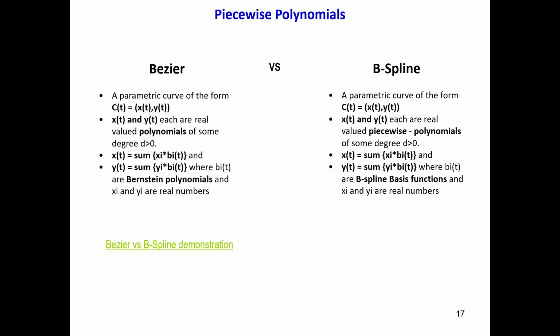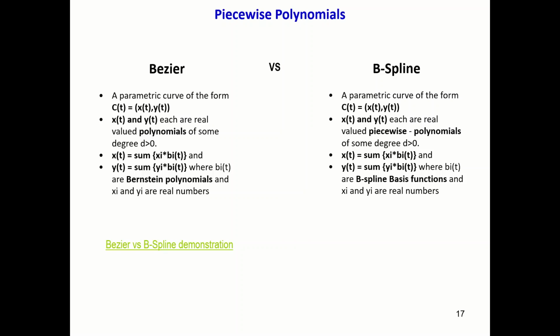A Bezier curve is a parametric curve of the form C(t) equals (x(t), y(t)), where x(t) and y(t) are each real valued polynomials of some degree d greater than 0.